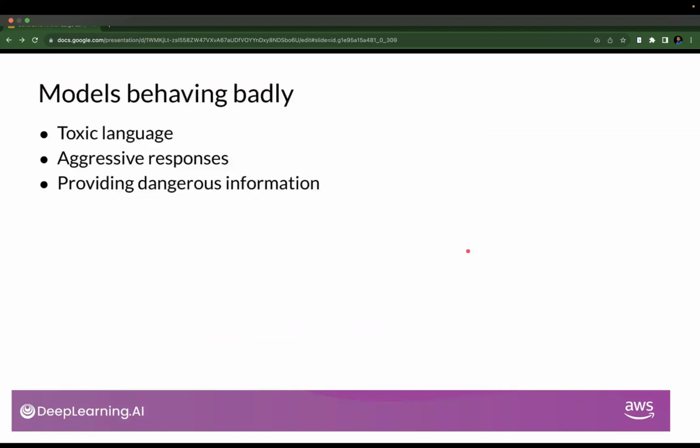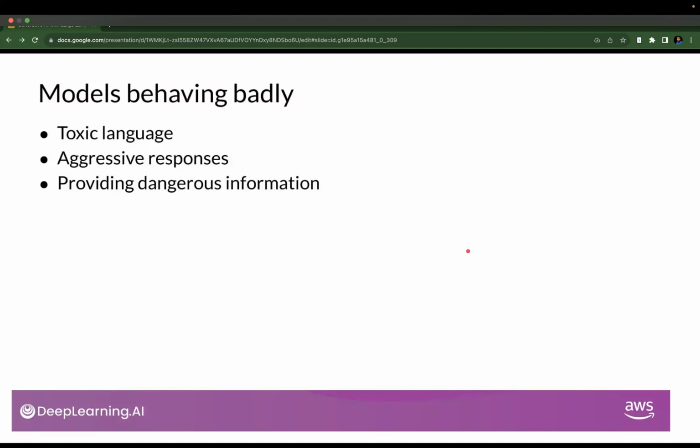Now, let's say you have selected a pre-trained model and you have instruction fine-tuned your model using prompt tuning or any other PEFT techniques or multitask fine-tuning.